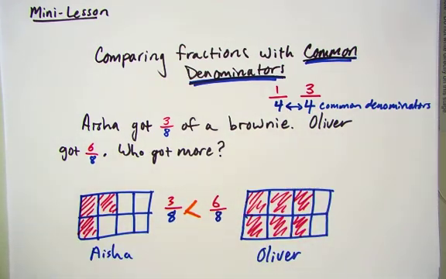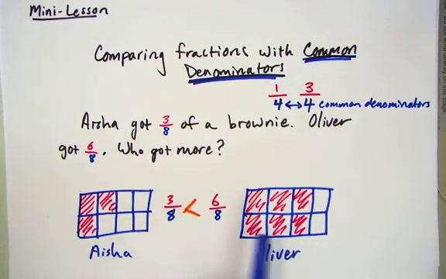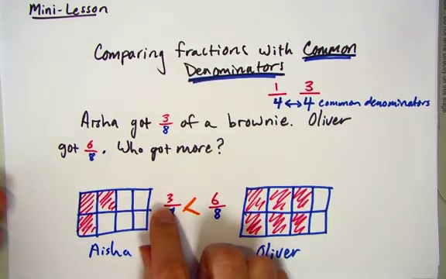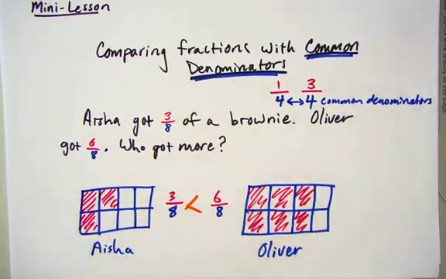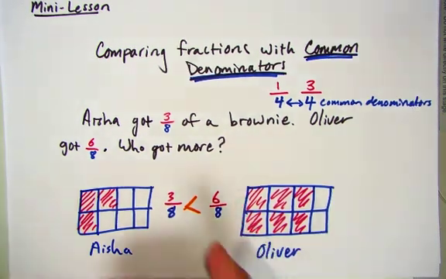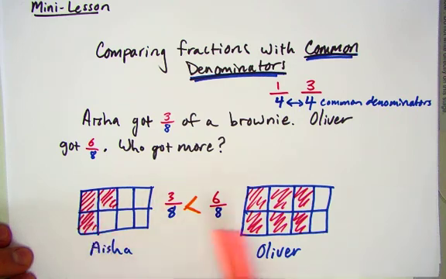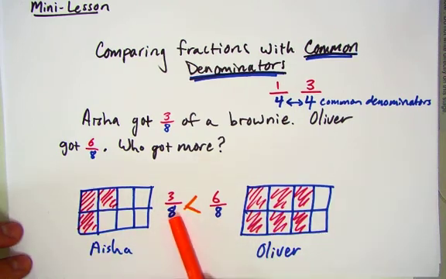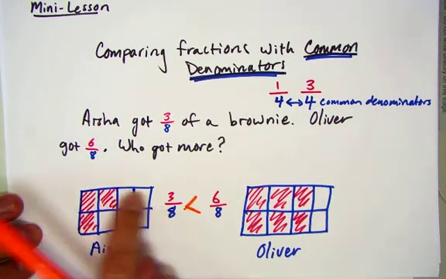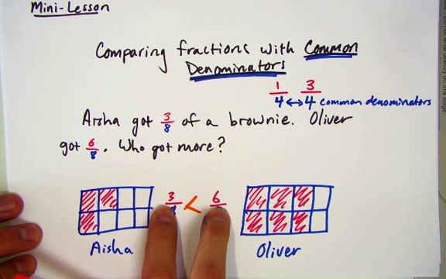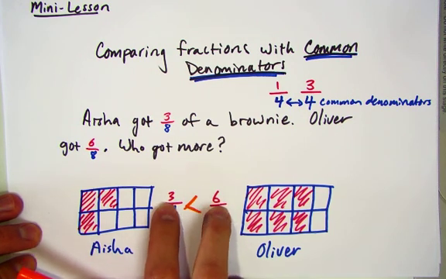Now, we didn't actually need to draw a picture for this, and you know this because of the numerator and the denominator. You know what those parts of the fraction mean and tell you. The denominator tells us there was a brownie with 8 equal parts, and each student got a different amount of those equal parts.